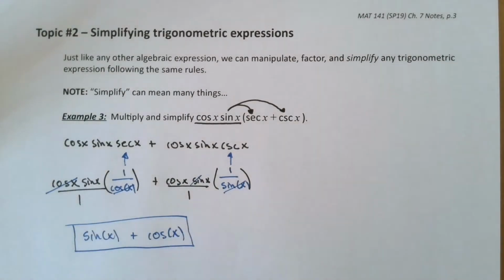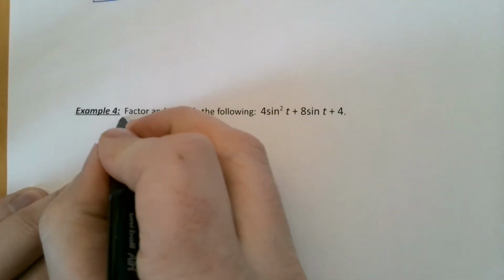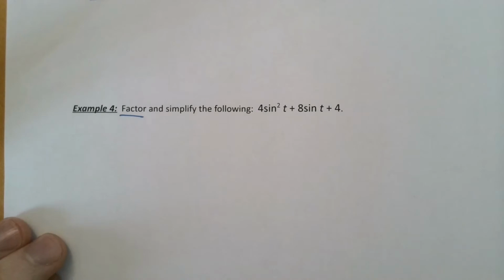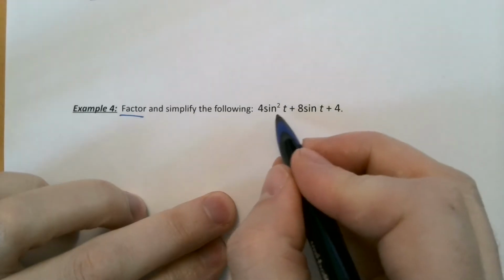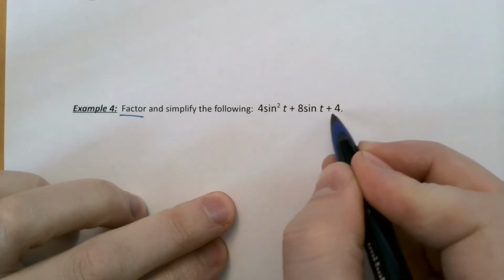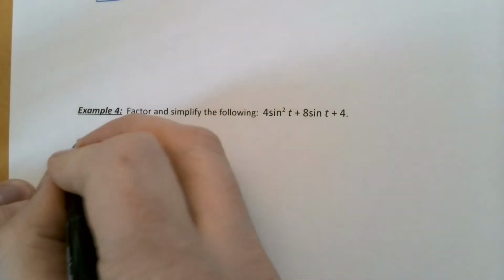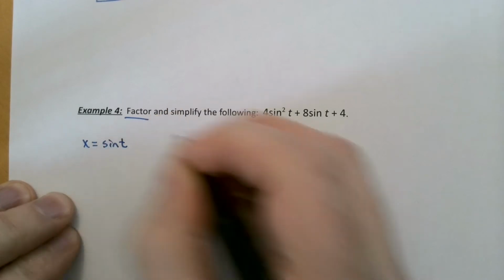All right, let's try another one. Here we are to factor. This is old school stuff; we're looking at common factors or whatever we can. What I'm going to do here is the substitution method. Way back in chapter 3, we noted that if this is in quadratic form, we could rewrite it in a different form. So let's let x equal sine of t.